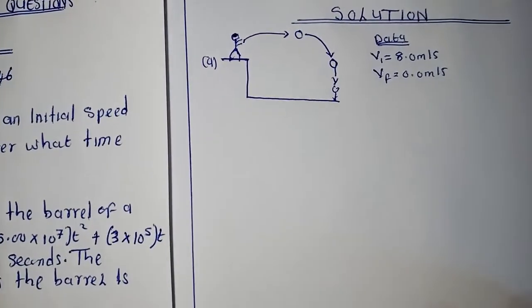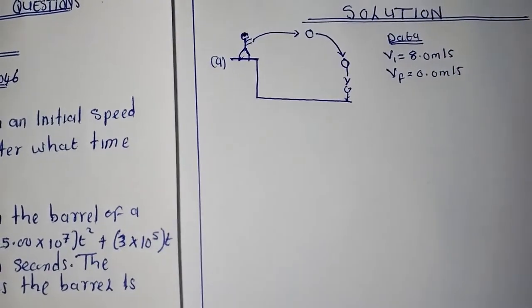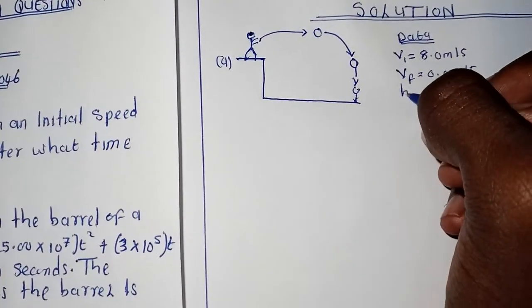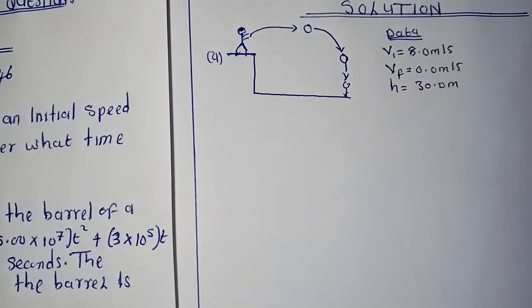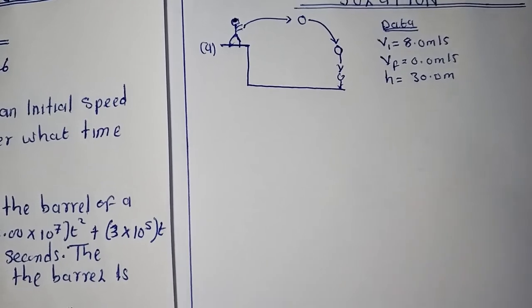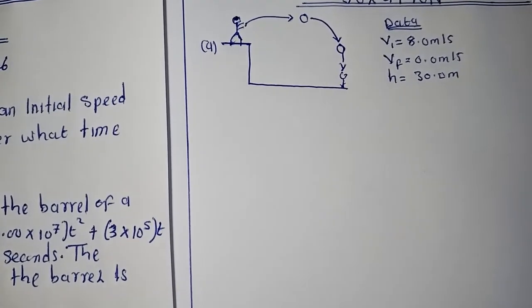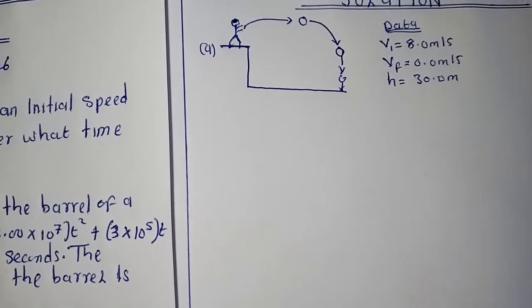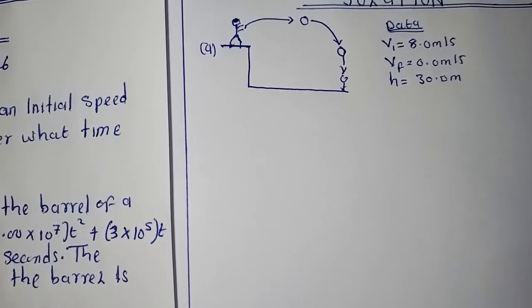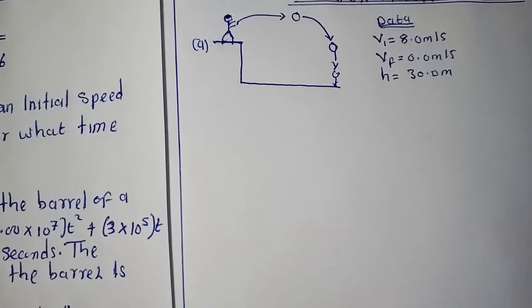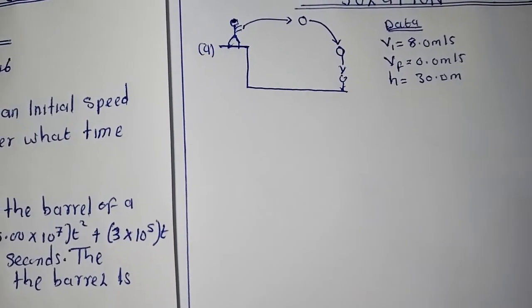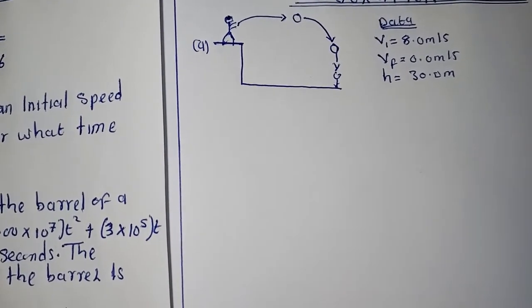And of course, we have been told that its height is simply 30.0 meters, like that. So you will learn quite a lot of things. I will be revising with you the lecture that I taught last time on projectile motions. So now this time around, they want us to find the time with which it strikes the ground.